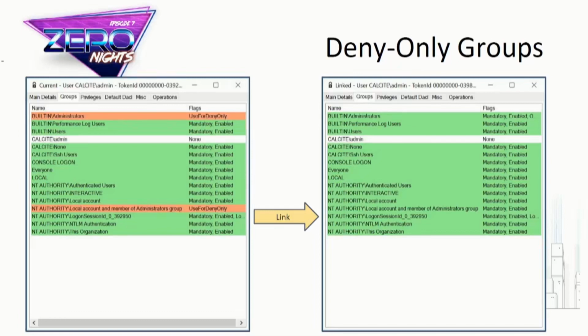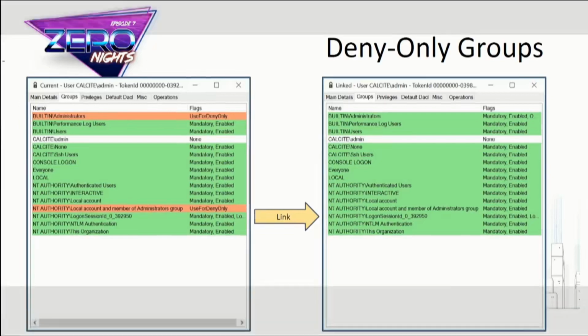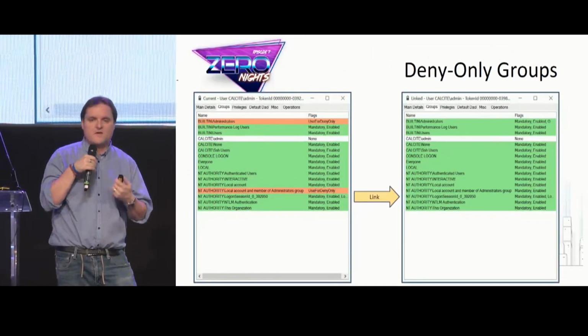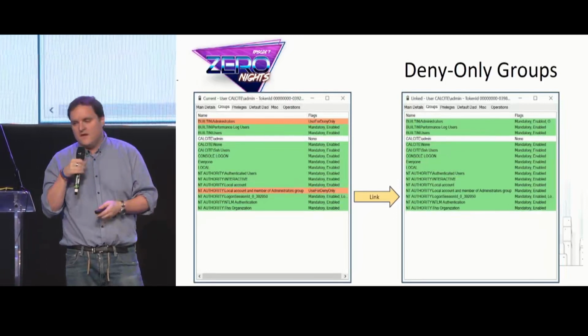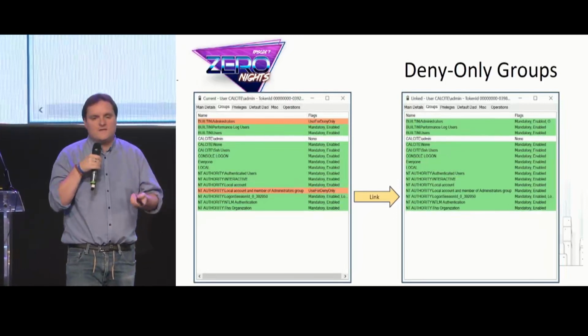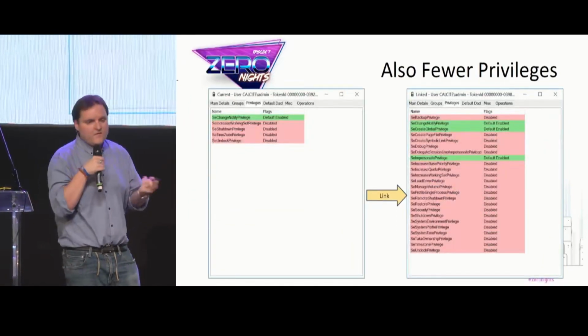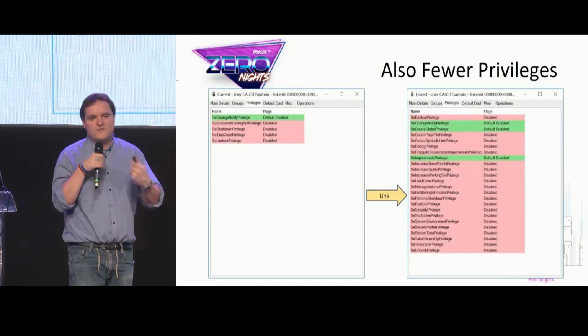They're still there, you can see them, they look sort of orange in this display. These are deny-only groups, which are just there to determine if someone isn't allowed to access a resource, but don't grant you access to it. Effectively, all that means is you no longer have the admin group, which makes sense. And the other major difference is you lose privileges.